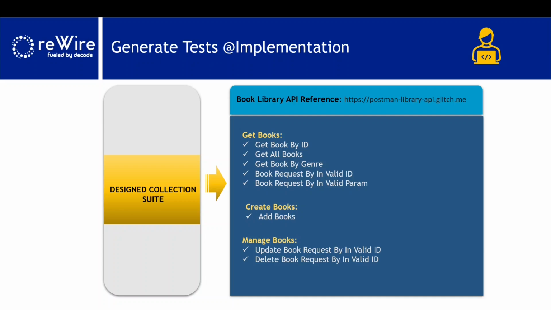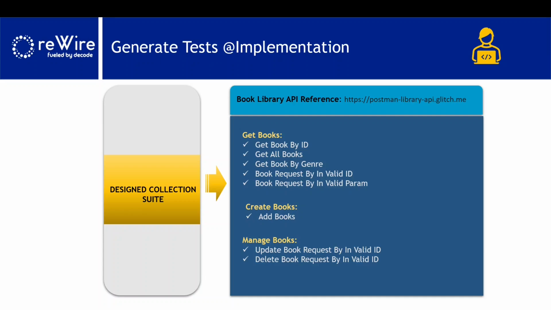And again, you have to add books to the library, and you need to manage the books by updating that book with the respective genre, or by author, or by ID, or else you have to delete that particular book from the library. This is the typical library API that we have available and can be used for this particular session.